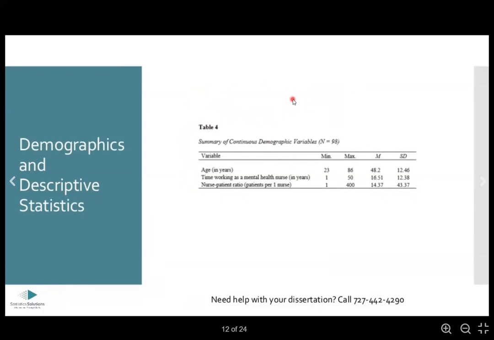So saying the average age among participants was 48.2. They had a maximum of 50 years working as a mental health nurse, and the maximum nurse to patient ratio was 400. So you may want to just provide those high points.